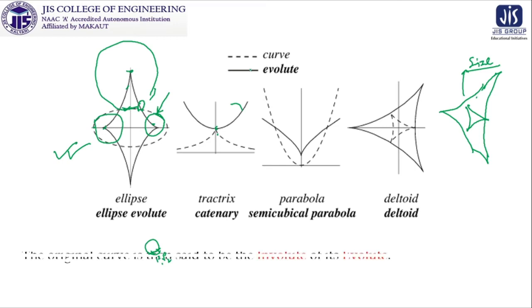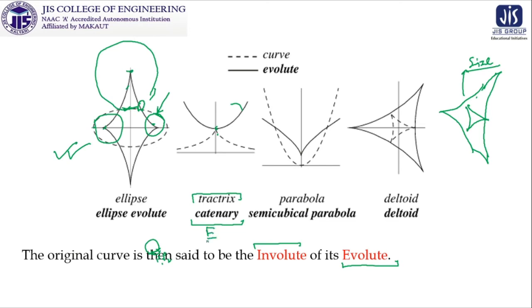Moving forward, the original curve is then said to be the involute of its evolute. Please concentrate on this one. If you get catenary from tractrix, then catenary is your evolute, then this tractrix is your involute.